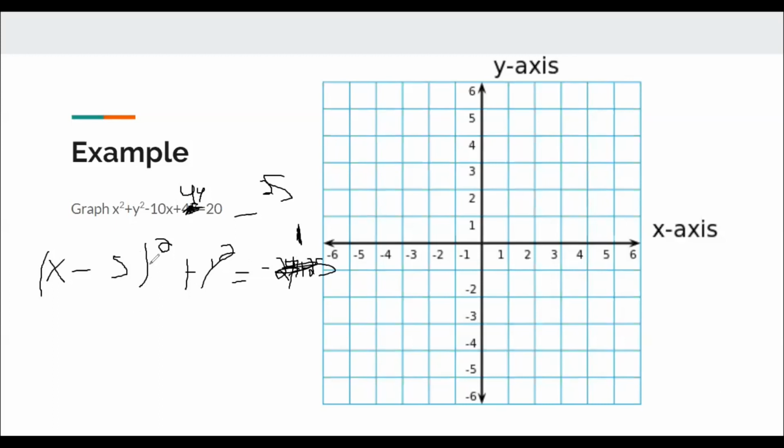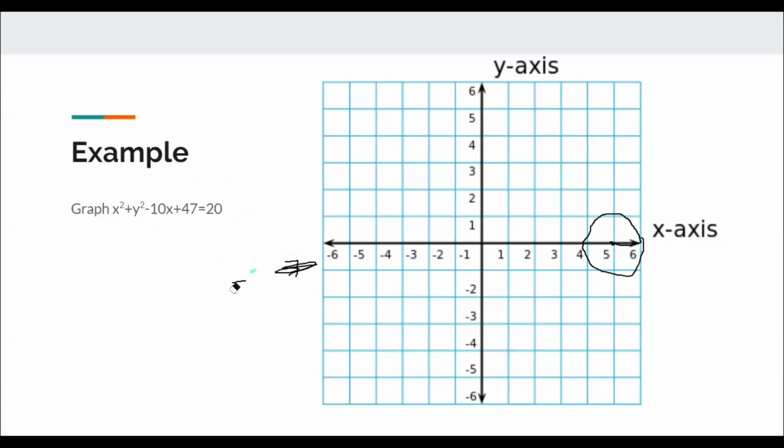Our equation is x minus 5 squared plus y squared is equal to 1. So our center is going to be 5 comma 0, and then our radius is 1. So it's going to go like this. This should have said 44, I'm pretty sure. I just wrote that wrong.